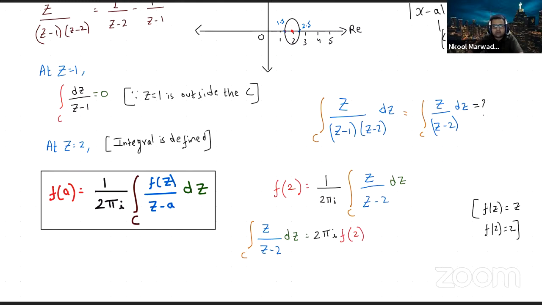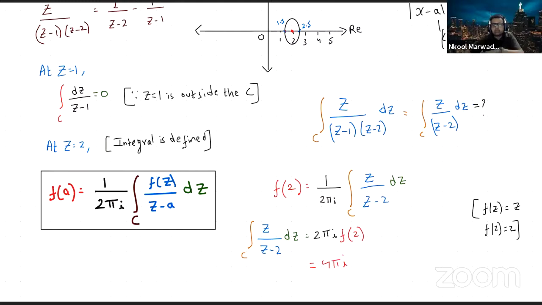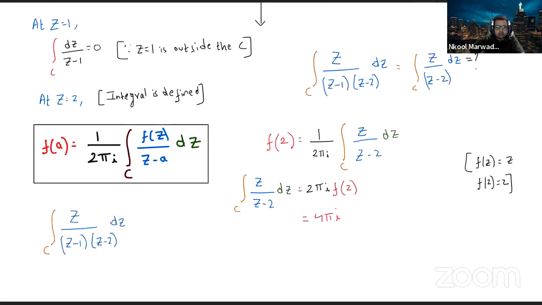So the final answer which you will get will be 4 pi I. So we were able to solve it. We did not have to solve the integral directly here. So we can say that this integral is 4 pi I.